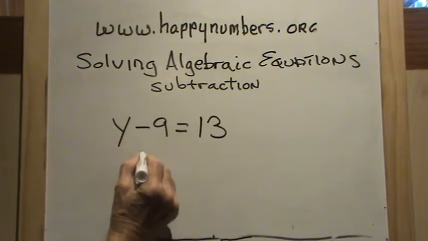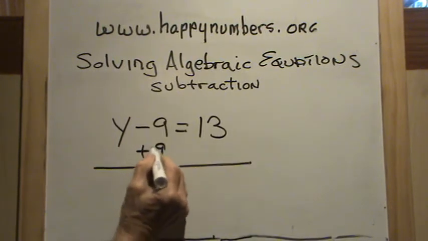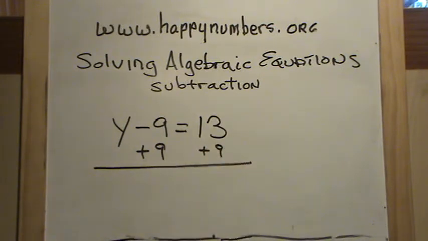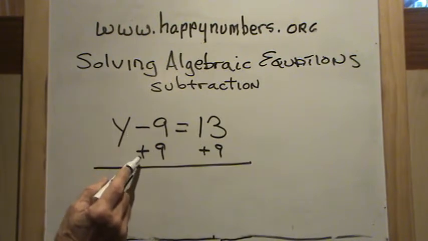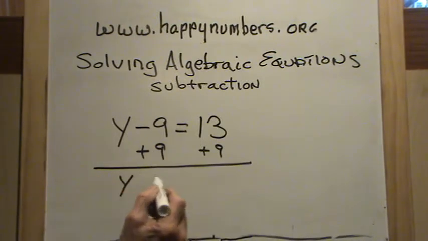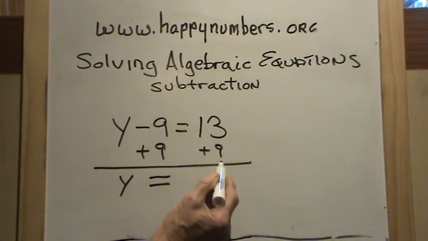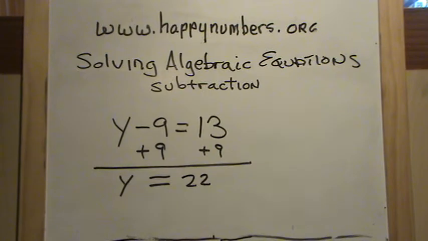So I use the inverse, which is a positive 9. And if I put positive 9 on this side, I must put positive 9 on this side. Now I have y. Now when I combine negative 9 and positive 9, I get 0. So y is equal to 13 combined with positive 9, which gives me 22.